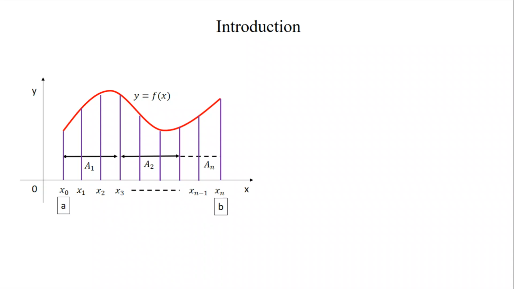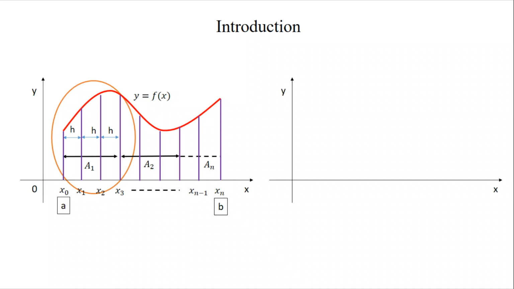Then for the calculation purpose, consider the first area A1, which is highlighted in the round, where equal strips are there with size h. So take this area A1 in the xy coordinates.